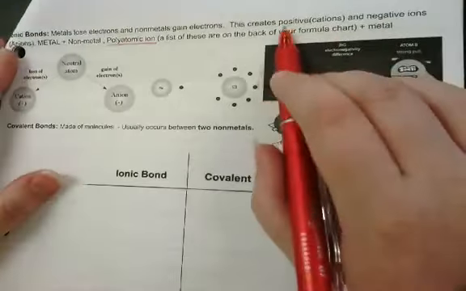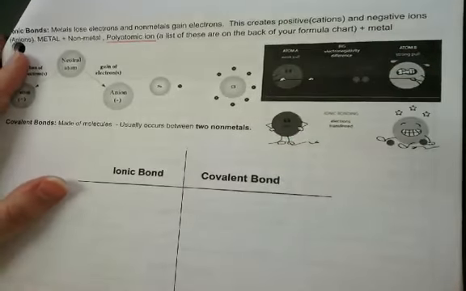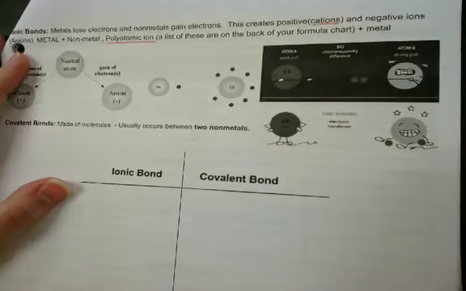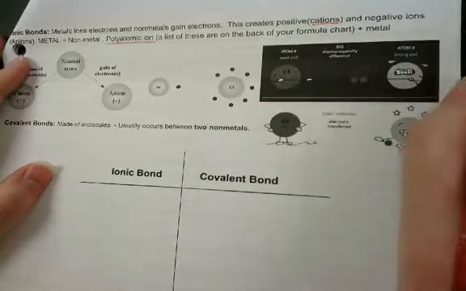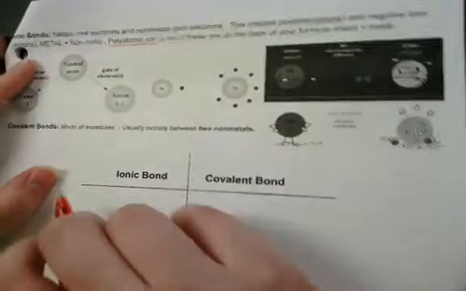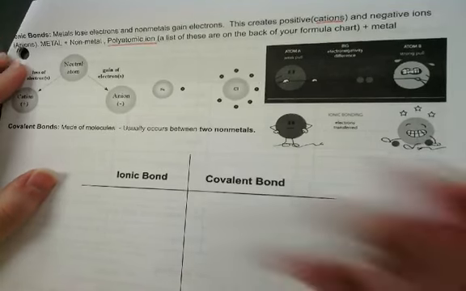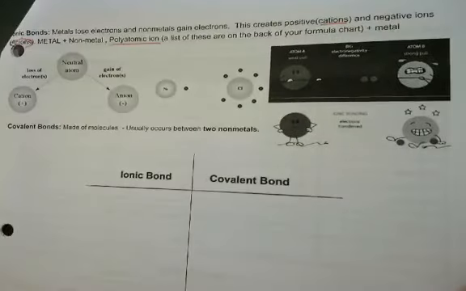Now, whenever our metal gives away electrons, it's called a cation. Whenever our nonmetals, or our polyions, have a negative charge, they're gaining electrons, and they're called anions. Okay?